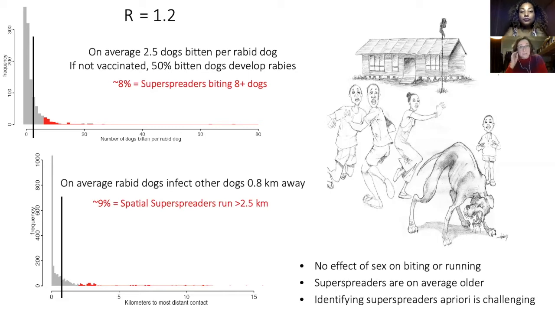Now, if only we could identify a priori who these super spreaders are, then we would have a magic bullet to get rid of rabies pretty fast. We've looked at the data and tried to pull out what makes a super spreader, and it's actually really difficult. We don't see any particular evidence of the sex of the dog on either its biting or running behavior. We do see that super spreaders tend to be older, or rather we don't see very many young puppies causing this kind of extreme biting and transmission behavior.